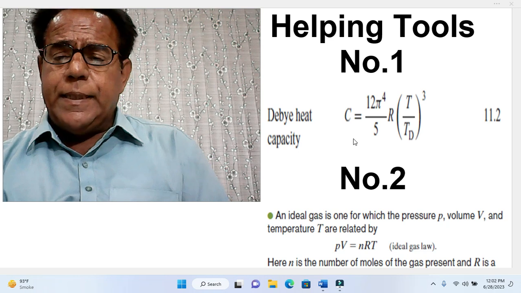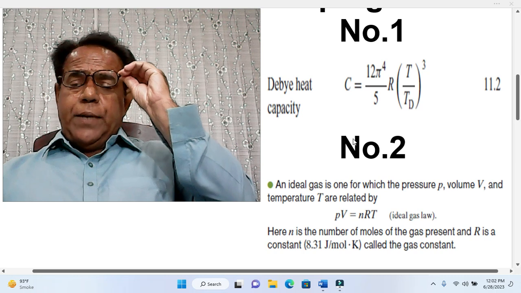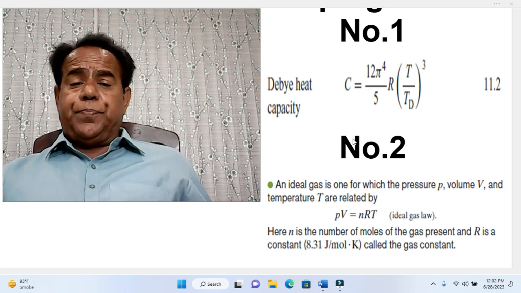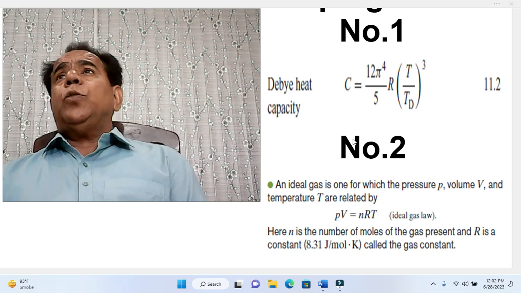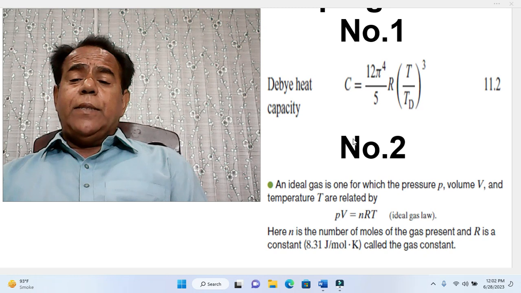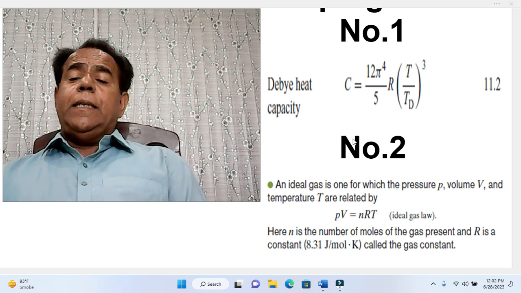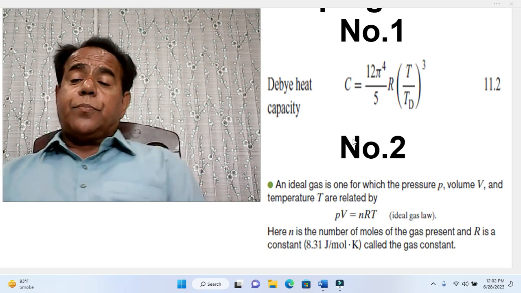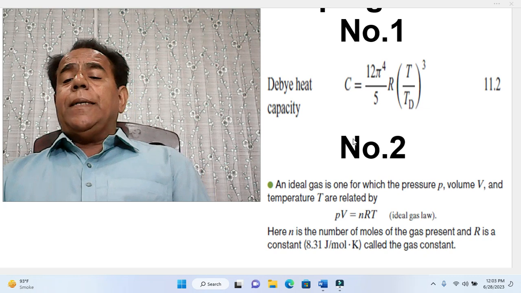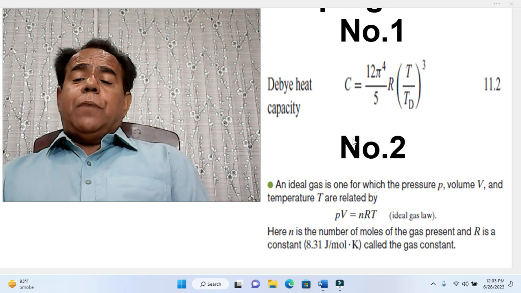Debye heat capacity C equals 12π^4 divided by 5 into capital R, where capital R is the gas constant, or more commonly known as the universal gas constant, into capital T, temperature, over Debye temperature T_D, where D is written as a subscript, and temperature T over Debye temperature is raised to the power 3.